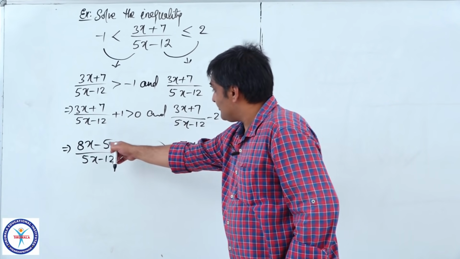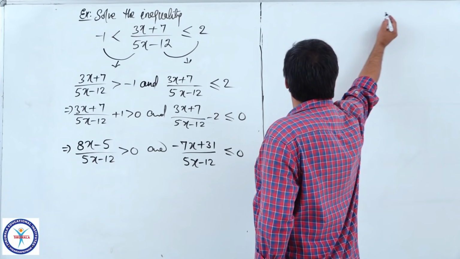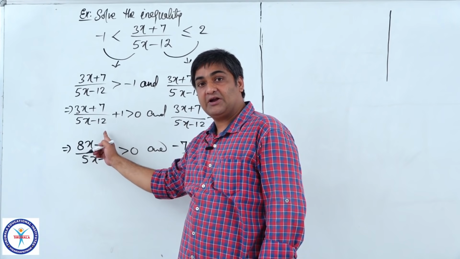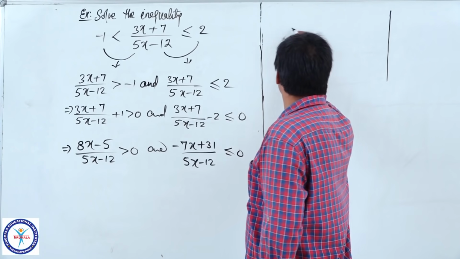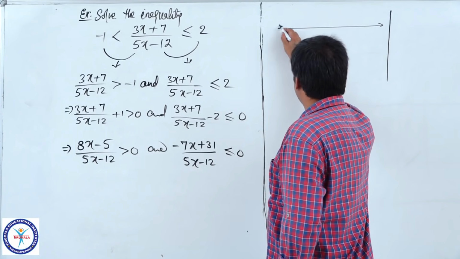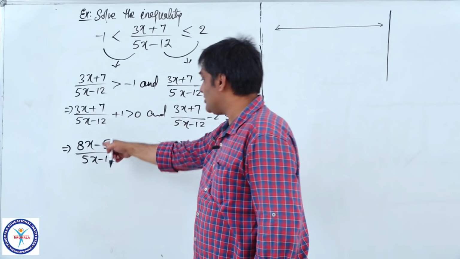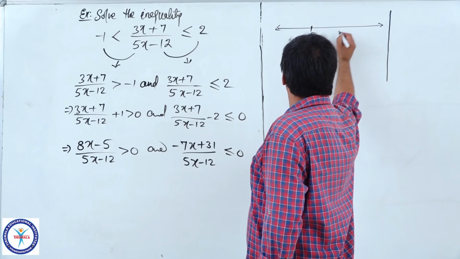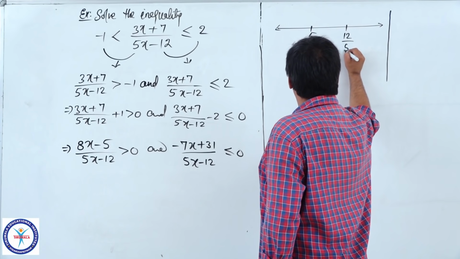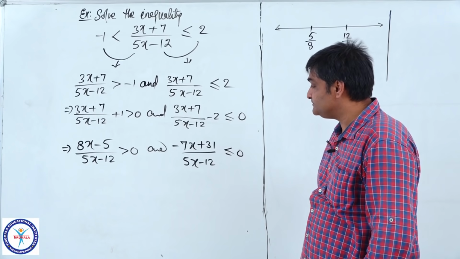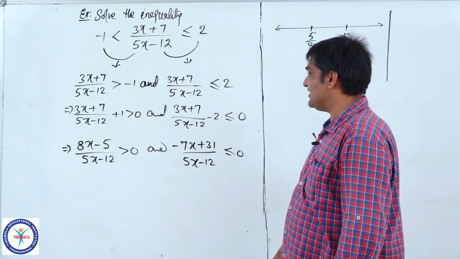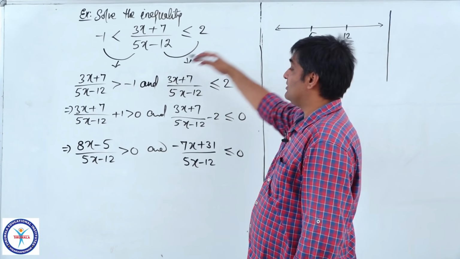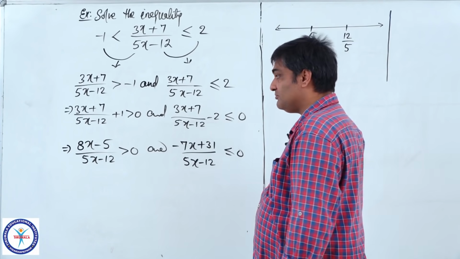Okay. So, first of all, here we will have roots as from numerator 5 by 8 and from denominator 12 by 5, 5 by 8, 12 by 5. Okay. Now, sign scheme. Put x equal to 100.